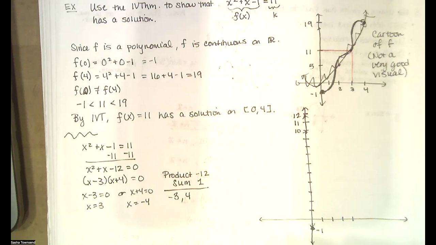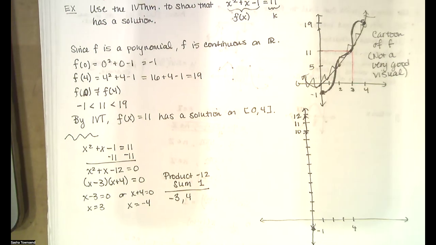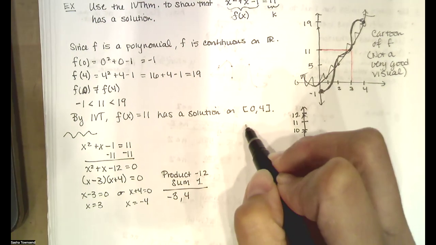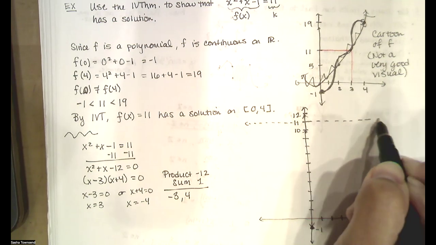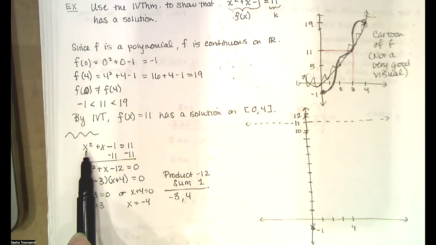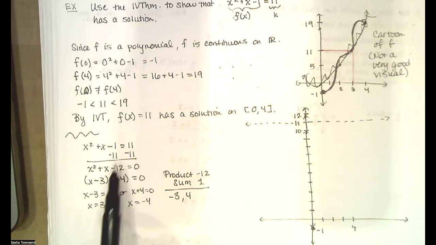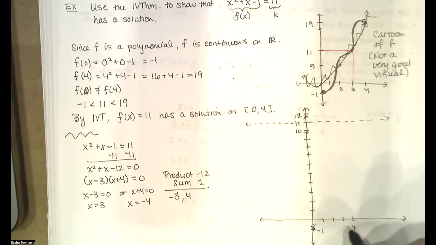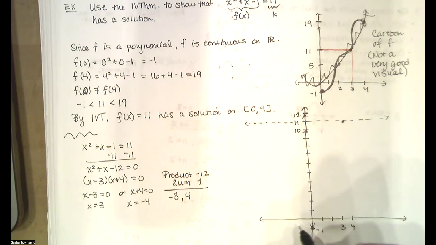It's kind of a pain. 19 is like way up there. But the point is that the graph crosses the line y equals 11. The graph of x squared plus x minus 1 crosses the line y equals 11 at two values, at x equals 3 and x equals negative 4.